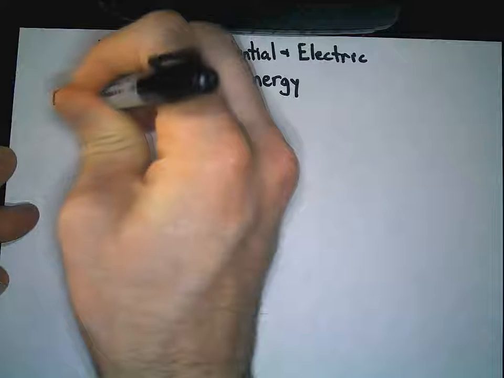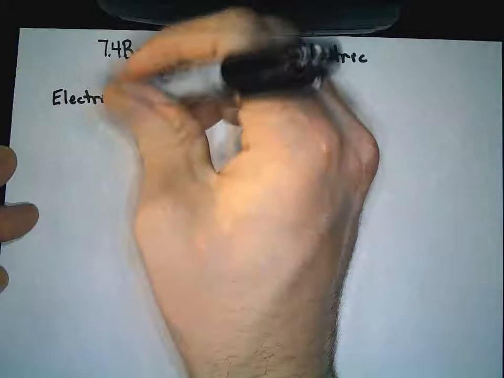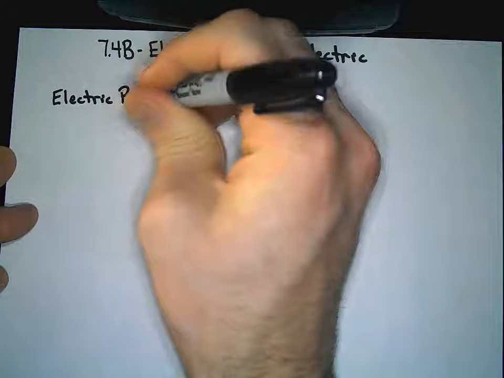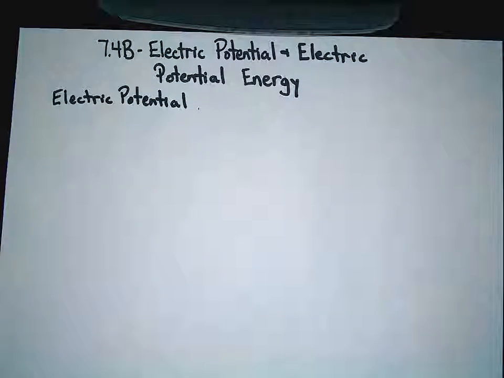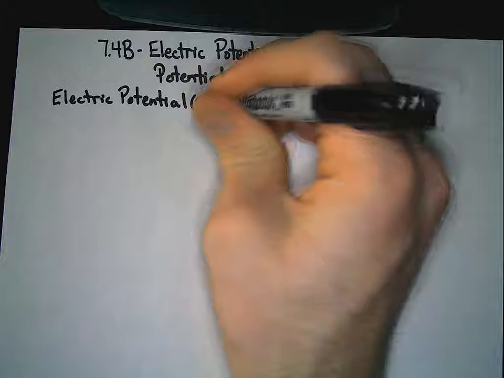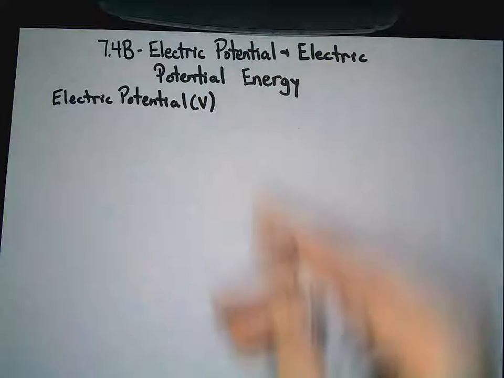And we start with the definition of electric potential, which is a bit of a review from previous grades in science, and we look at the unit, which is volts.